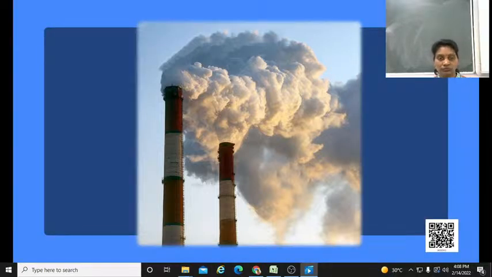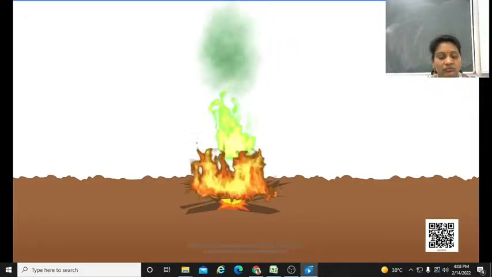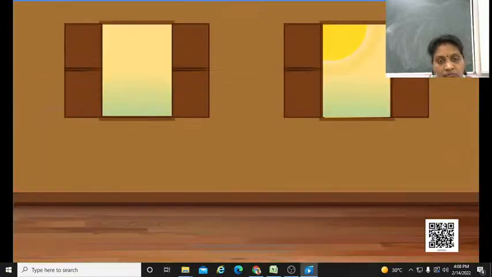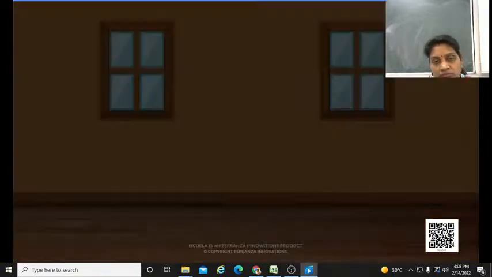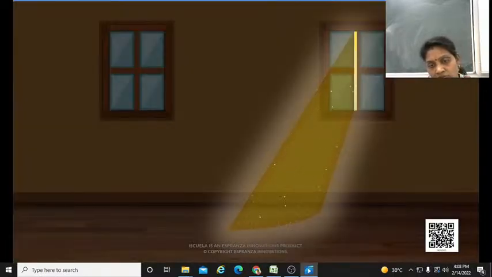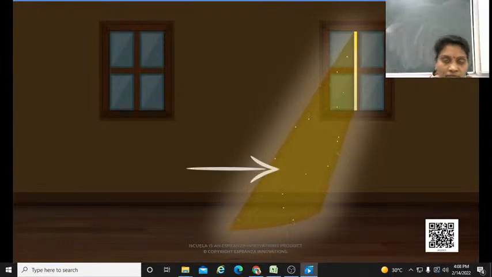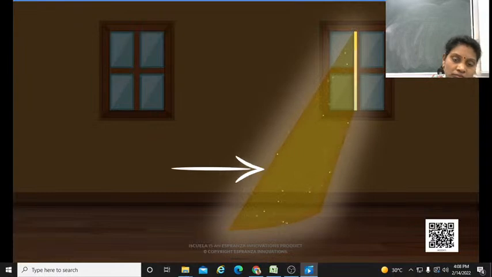Let us perform an activity and see this. Find a sunny room at your home. Close all the doors and windows with curtains pulled down to make the room dark. Now open the door or a window facing the sun just a little in such a way that it allows sunlight to enter the room only through a slit.